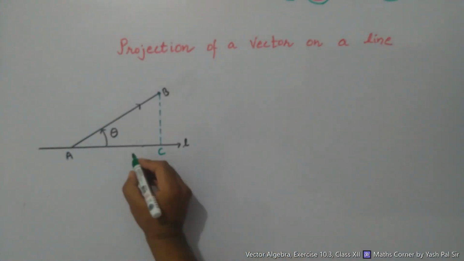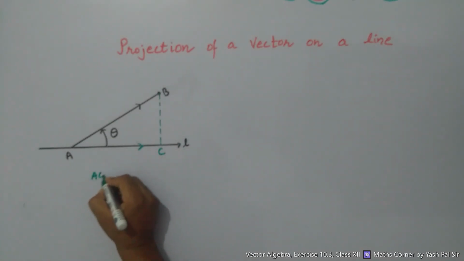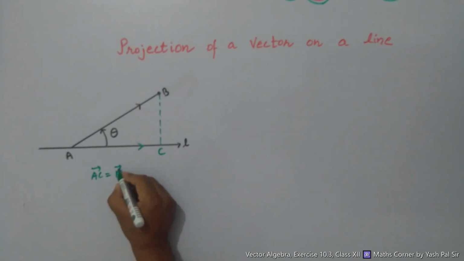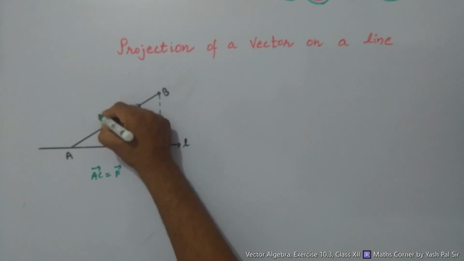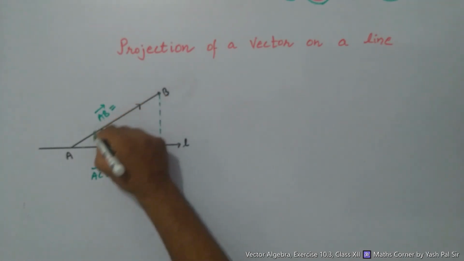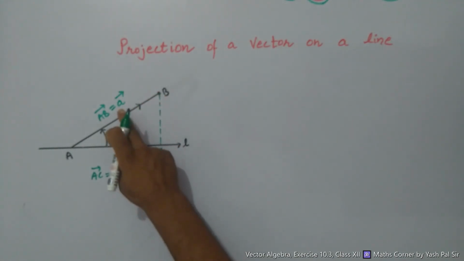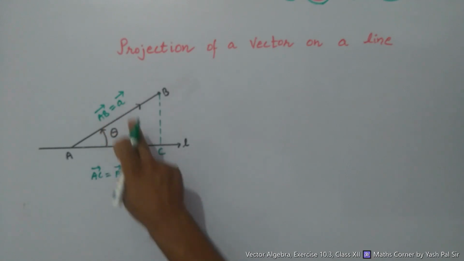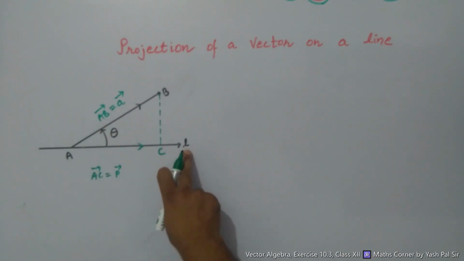So this vector AC, in short, if we write this as vector P, is called the projection of the given vector AB. Vector AB, in short, we name as vector A. So the projection of vector A is vector P on the given line L.